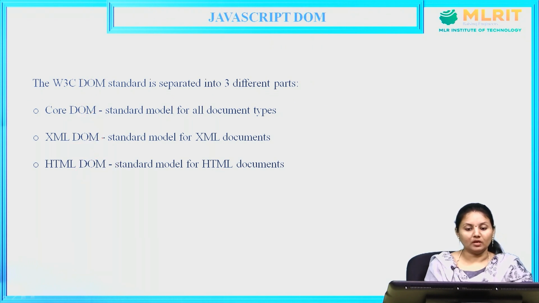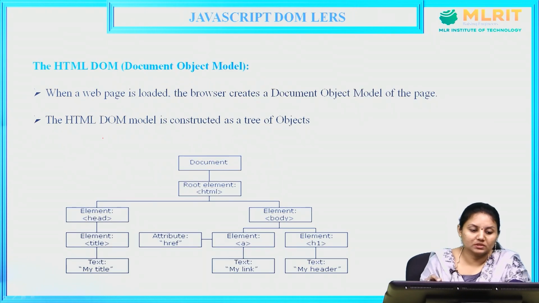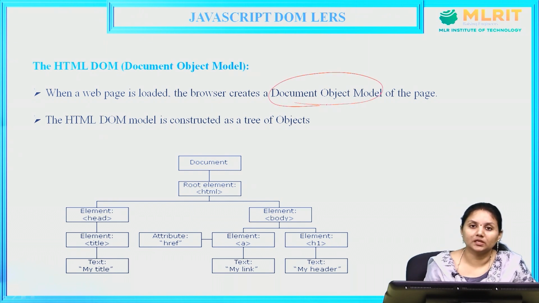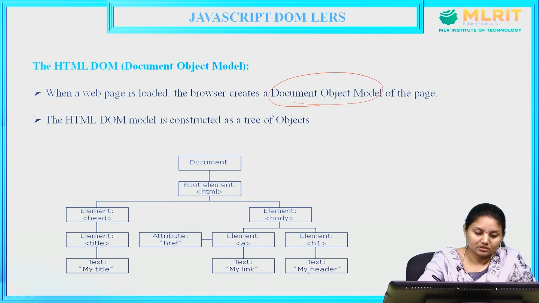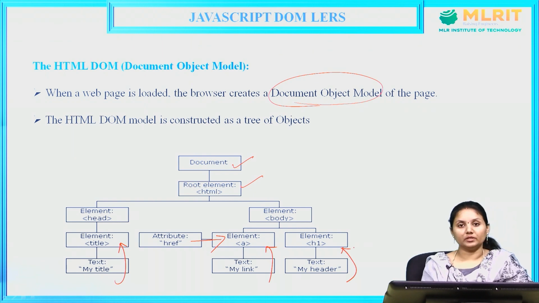With the HTML DOM, when a web page is loaded, the browser will create a document object model, and this is a tree of objects. Say you have the document, HTML elements, the attributes for these elements, and the values you are passing for the different elements.